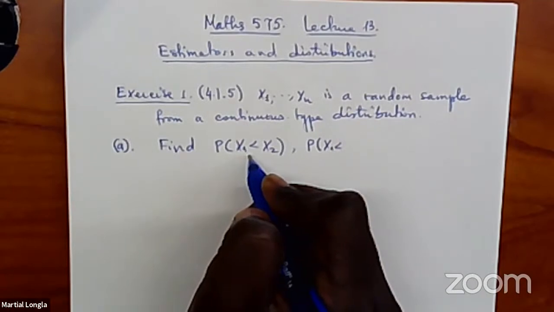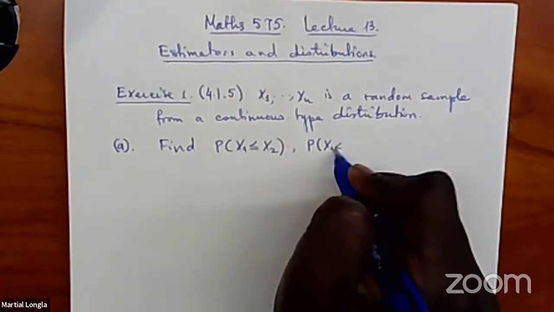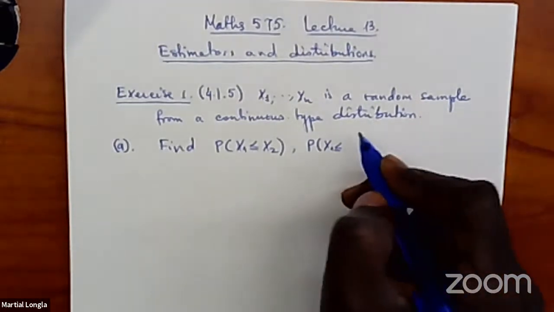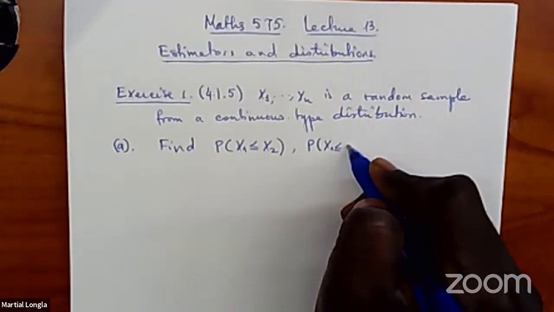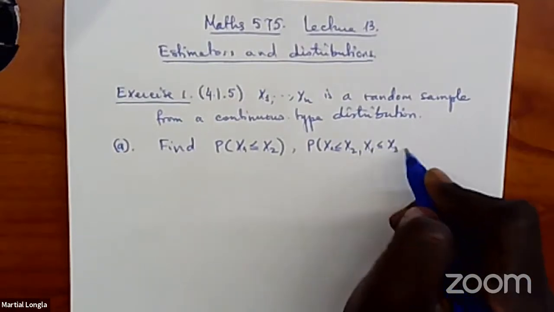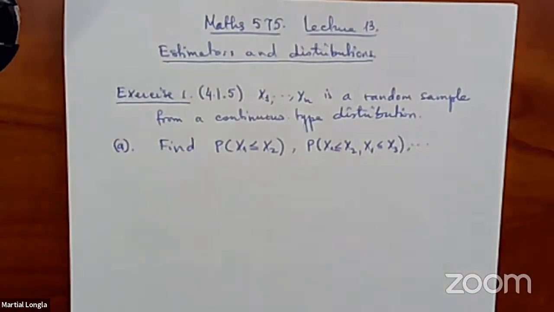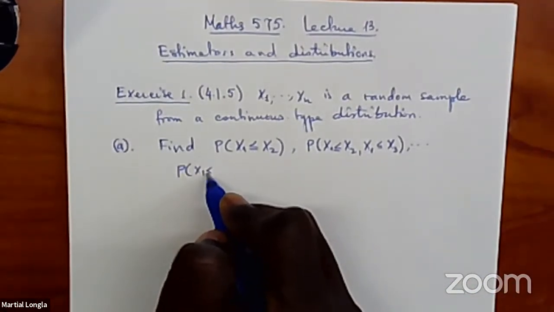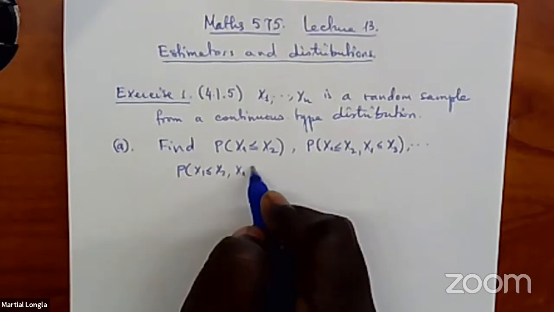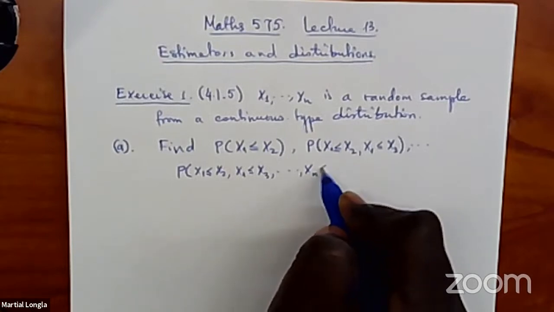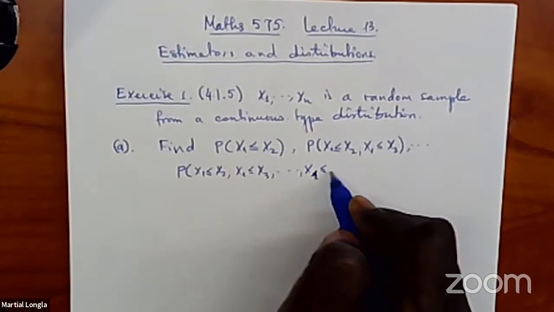Even if it's less or equal, it doesn't matter actually, because we know that when the distribution is continuous, we want to find all these probabilities, and the probability that x1 is less than or equal to x2, x1 less than or equal to x3, and so on, x1 less than or equal to xn.